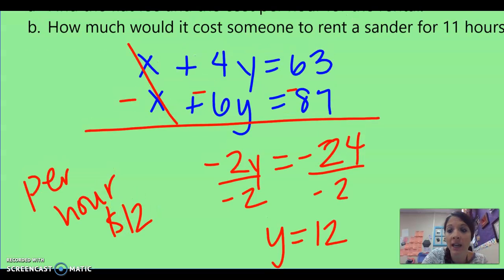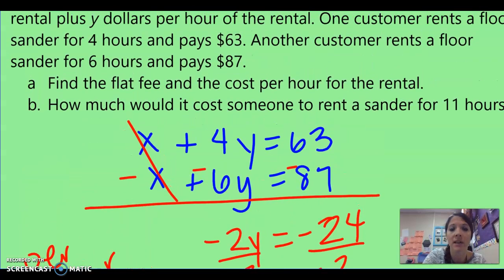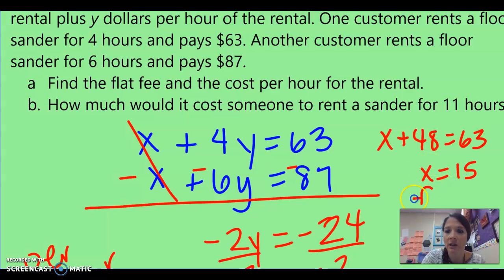Now, to find out my x, I have to plug that back in. So we're going to do x plus 4 times 12, which is 48, equals 63. So I'm going to take 63 minus 48, which is going to equal x is 15. So it's $15 for a flat fee. And then it goes on to ask me how much it would be for 11 hours.